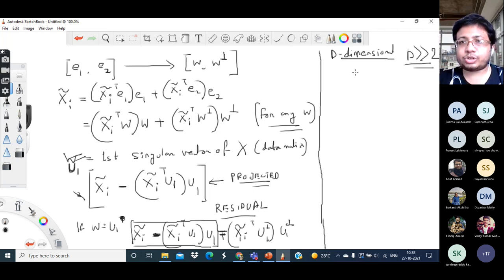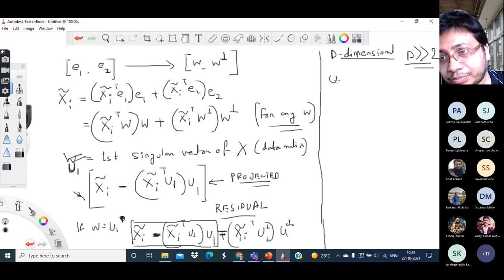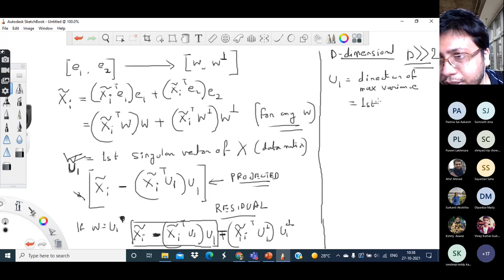The principal component analysis which we did so far still holds, where U1 is the direction of maximum variance, and it is also equal to the first singular vector of the data matrix X, also called the first principal component.